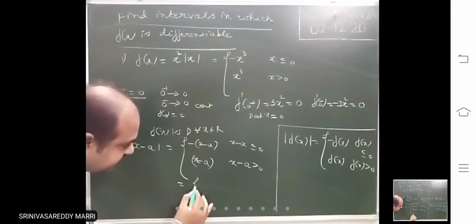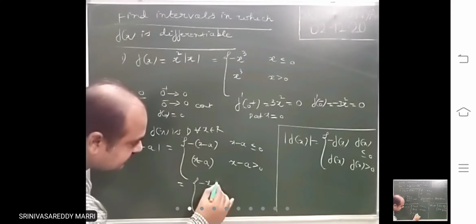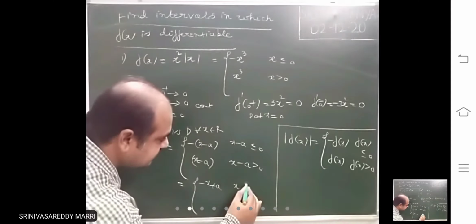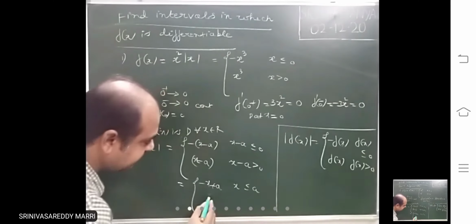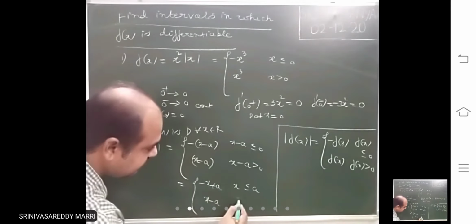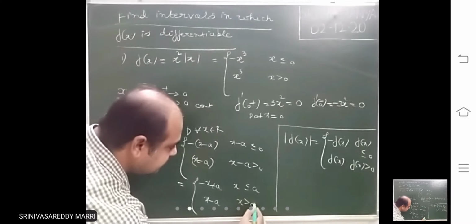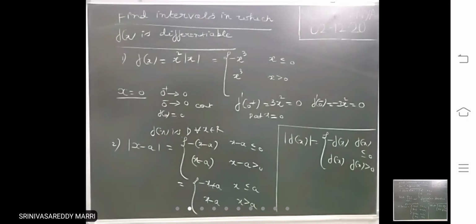Its definition will contain two parts: minus x plus a when x is less than or equal to a, and x minus a when x is greater than a. Right? The rule is changing at a.